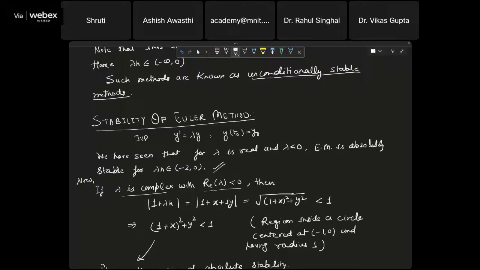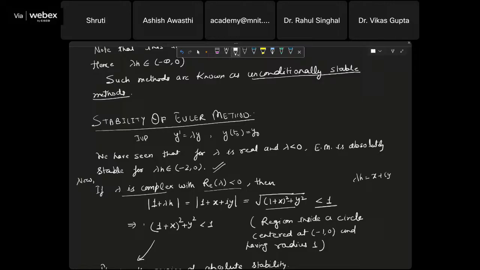Mod of 1 plus lambda h, we can write as mod of 1 plus x plus iy in case lambda is complex. So we are taking lambda h in the form x plus iy. If we do this, then this modulus can be calculated like this, and it should be less than 1.